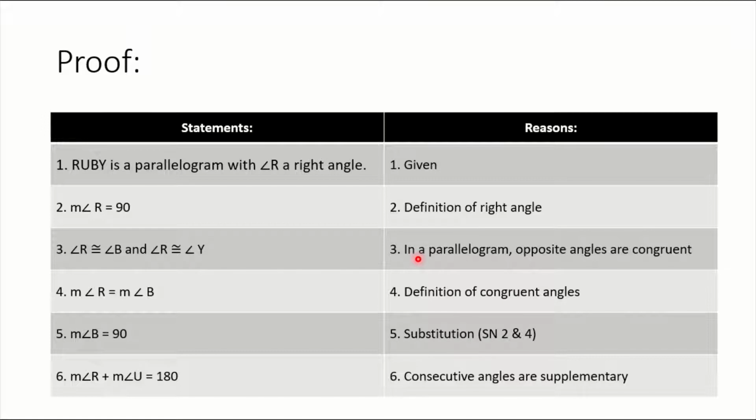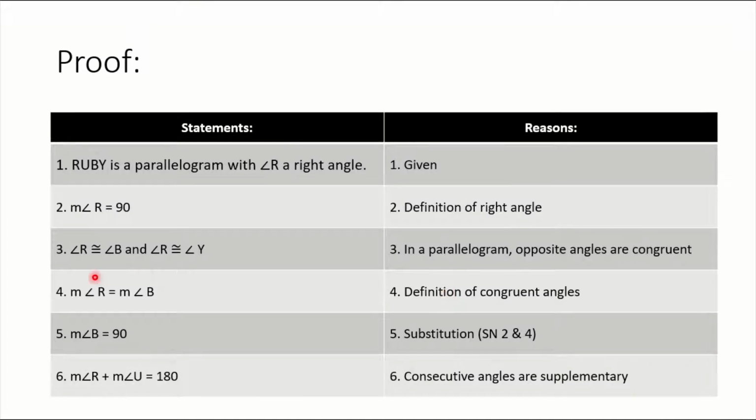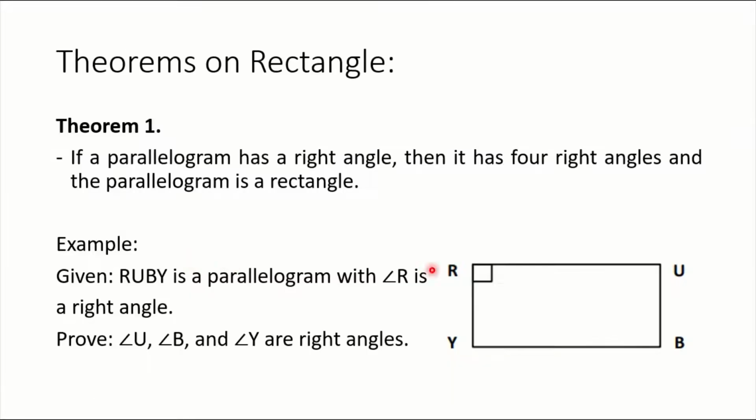Next, angle R is congruent to angle B, and angle R is congruent to angle Y. In a parallelogram, opposite angles are congruent. Okay? So, look at the given. Angle R is congruent to angle B, and angle R is congruent to angle Y. Sabi diyan, opposite angles are congruent.